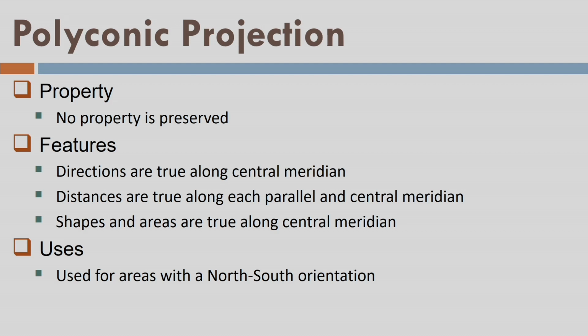That's good enough for certain purposes, and as a result it is used for areas with a north-south orientation, and here middle latitudes are not important. If it is a middle latitude, since we are using a cone, it's also fine, no problem. But most of the time, for a country like India, which extends more in the north-south than east-west, this kind of polyconic projection is recommended.